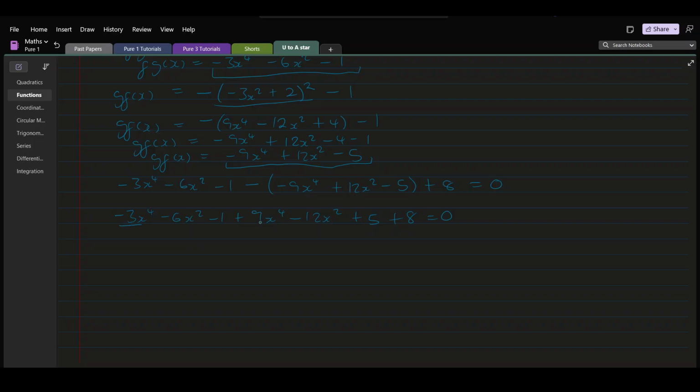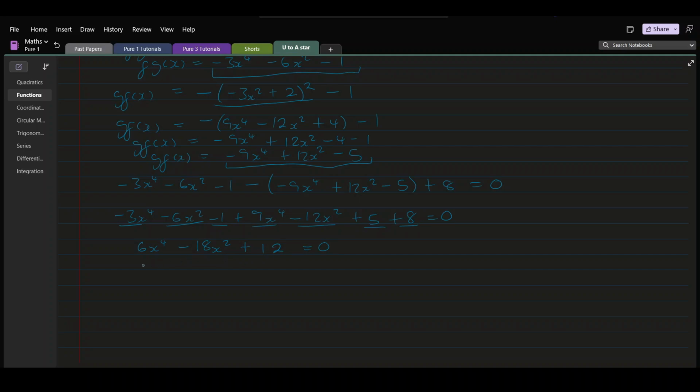Now group like terms, we've got negative 3x to the 4 plus 9x to the 4, that gives us 6x to the 4. We've got negative 6x squared, negative 12x squared, that's negative 18x squared. And then with negative 1 plus 5, that's 4, plus 8, that's 12. So plus 12 is equal to 0.